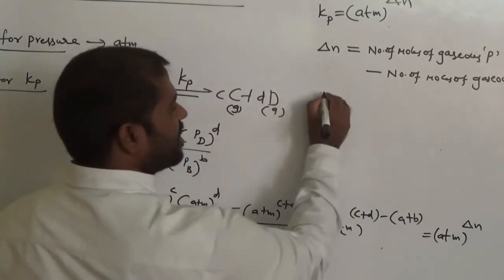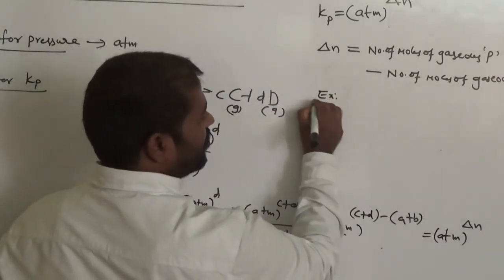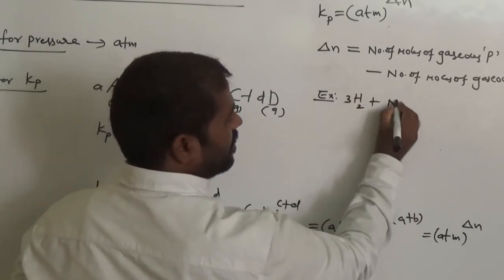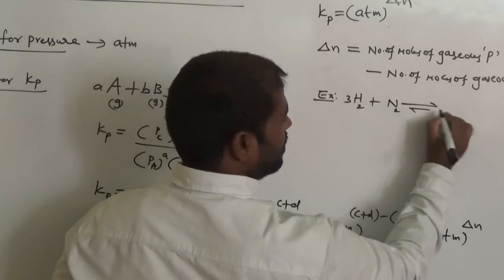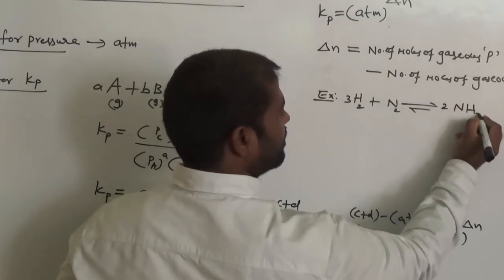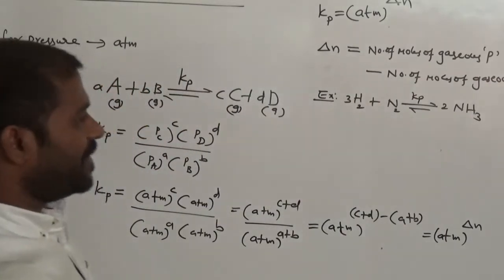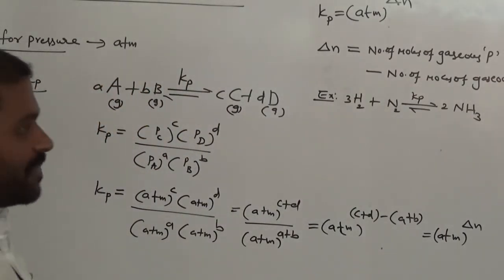Okay. For example, H2 and N2 is reversible to NH3. So for this one, Kp is the equilibrium constant at partial pressure.